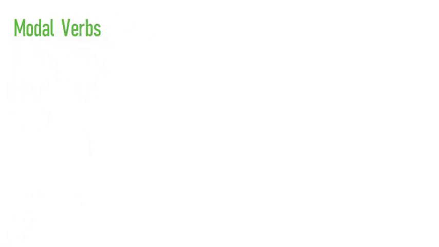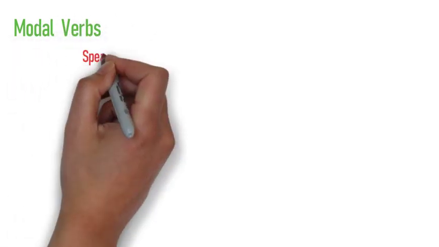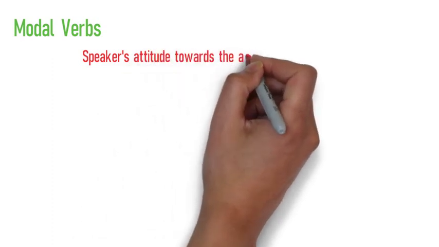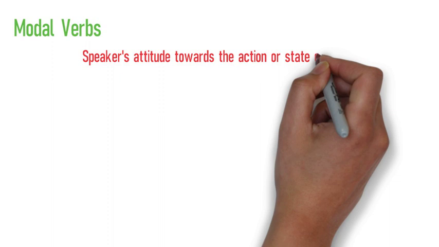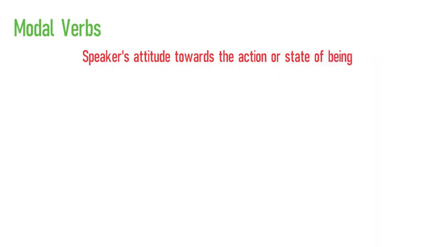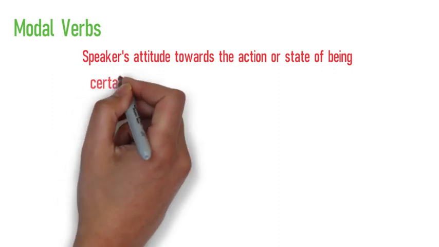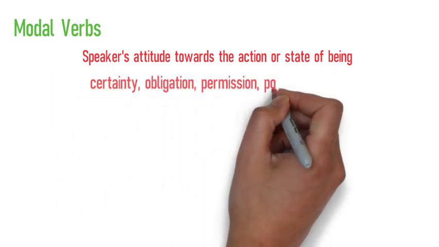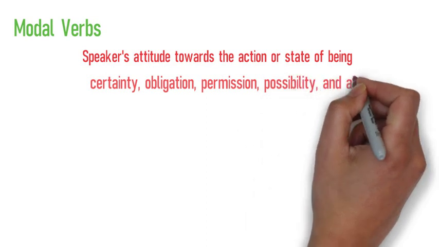Modal verbs. These are the verbs that express the speaker's attitude towards the action or state of being expressed by the main verb. They can also convey different degrees of certainty, obligation, permission, possibility, and ability.